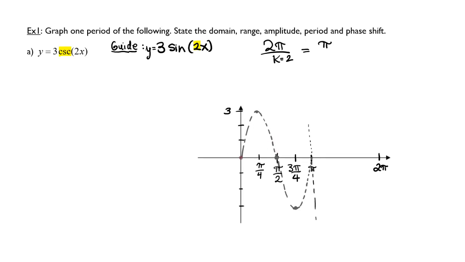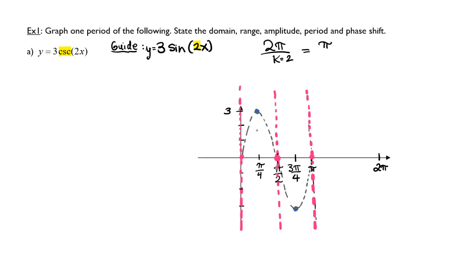Now I'm going to identify the x-intercepts, which are at 0, pi over 2, and pi. And I'm going to draw in my vertical asymptotes at these points. And now I can actually use that to graph the cosecant. So I'm going to fill in the maxes and mins because those bump each other.